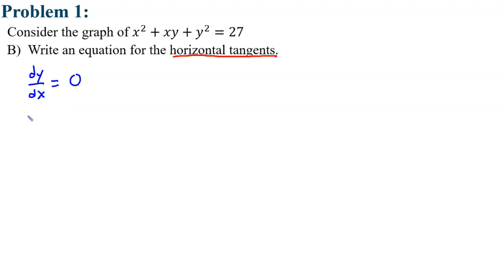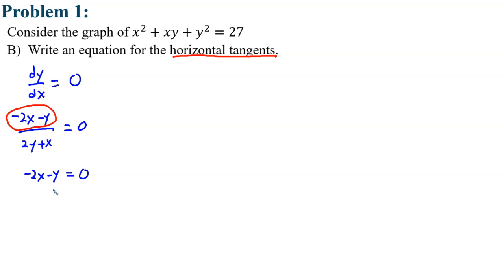In other words, that's going to happen when the derivative we just found, negative 2x minus y over 2y plus x, equals 0. Anytime I have a rational expression like this, 0 is going to happen when my numerator is equal to 0. So for horizontal tangents, all I'm looking at is that numerator. It's going to happen when negative 2x minus y is equal to 0.